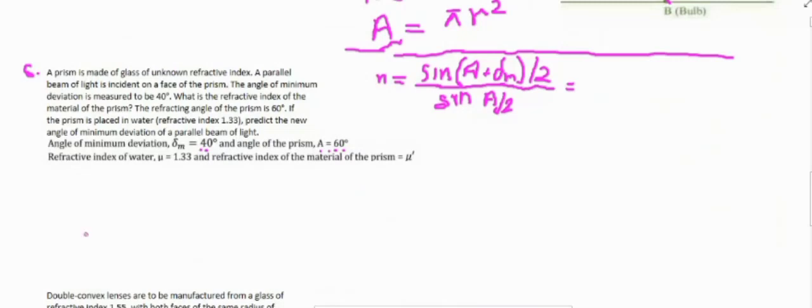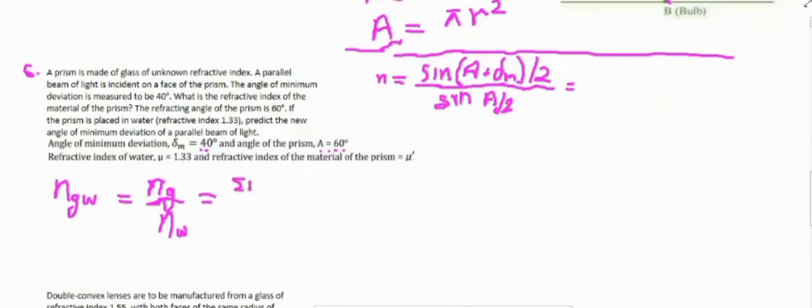First, you have to take the refractive index like this, n g w. Now the prism is in water, so how much is n g w? n g w will be n g divided by n w.